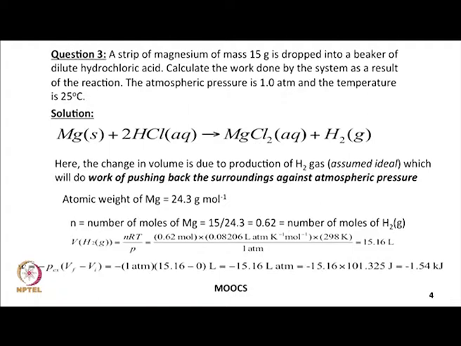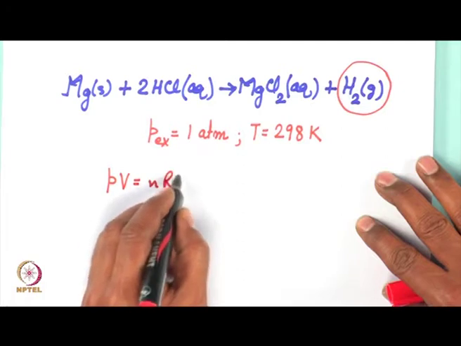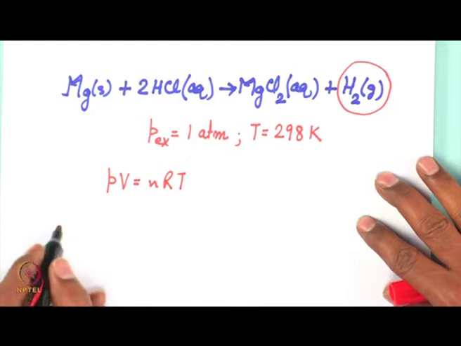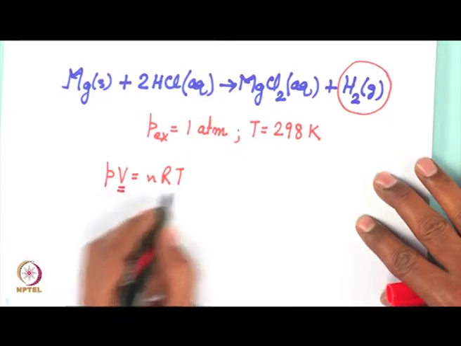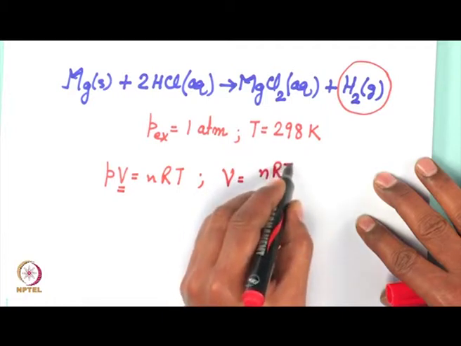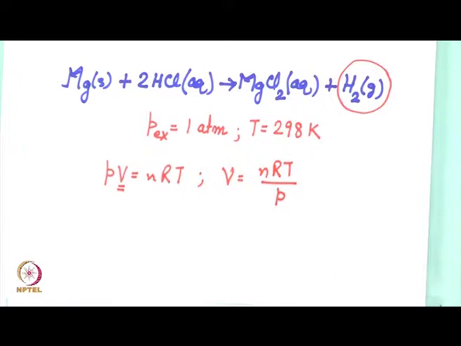If we assume this as an ideal gas, then we can use the ideal gas equation PV is equal to nRT, and the volume is equal to nRT by P. Okay. So, let us go back to the slide.